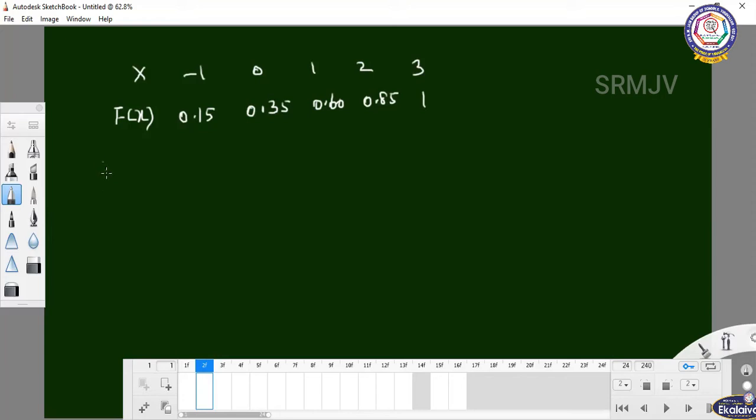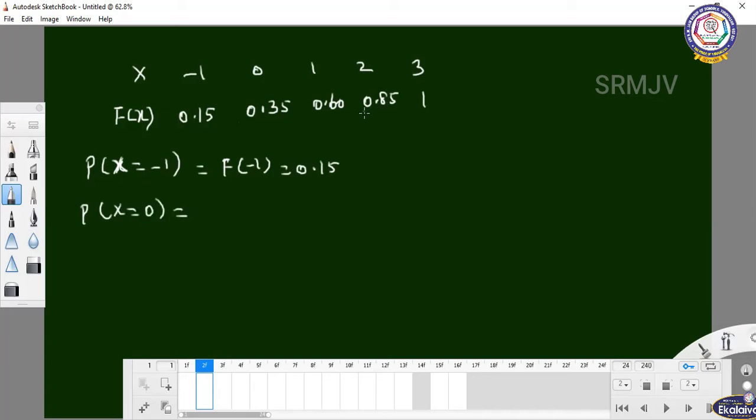See here, P of X equal to -1 is F of -1, which is 0.15. Next, P of X equal to 0.